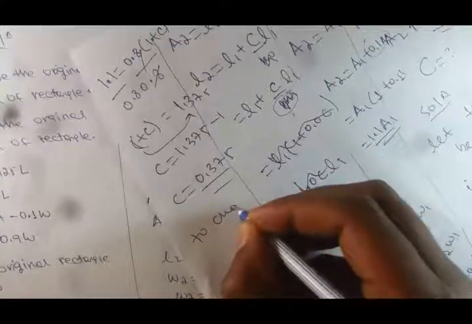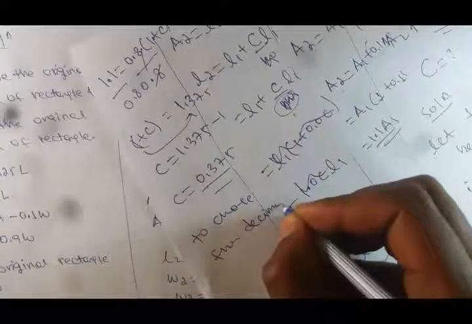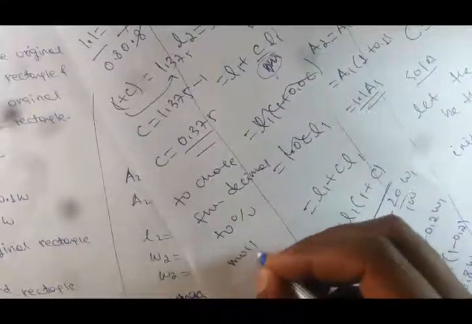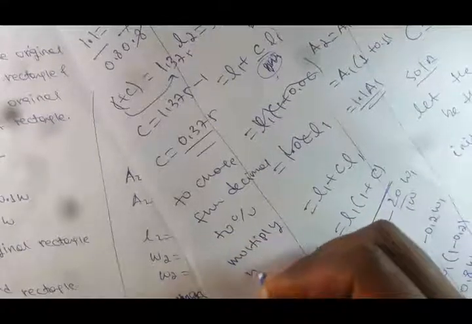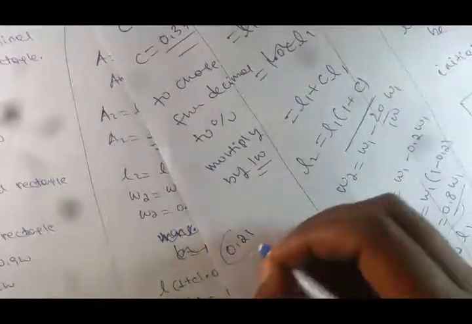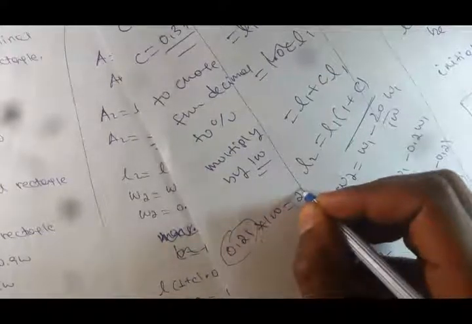And we know something. To change from decimal to percent, multiply by 100. For example, if you are given 0.21, in order to change this decimal to percent, we have to multiply by 100%. Therefore, this is equal to 21%.